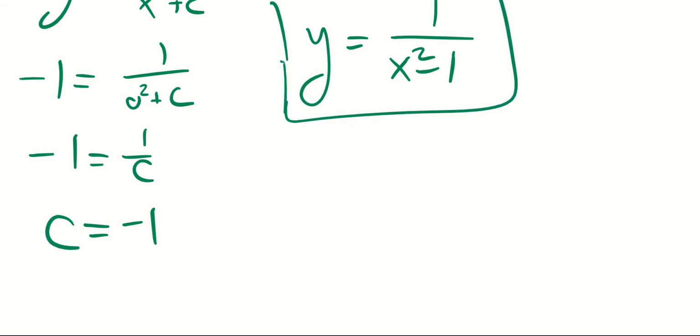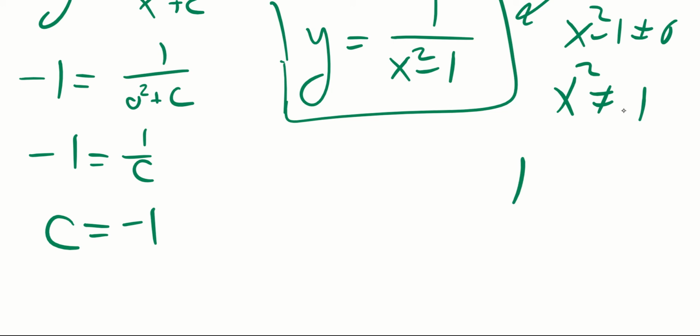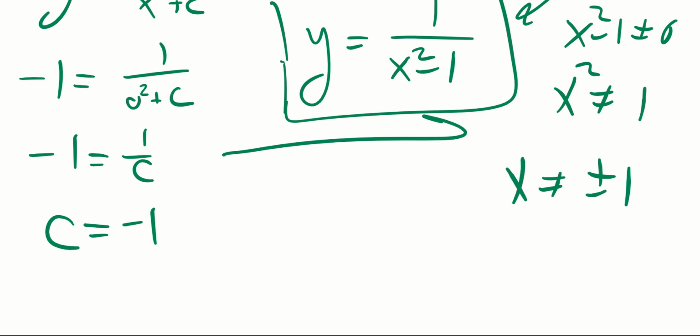Now the question becomes, on what intervals is this thing defined? From pre-calc, if you go back and find the domain of this function, we cannot have the denominator be equal to 0, which means that x squared cannot be 1, and then taking square roots, it means that x cannot be equal to plus or minus 1.